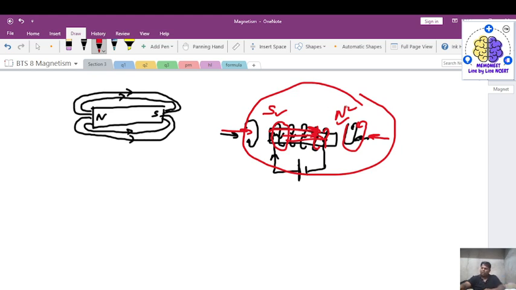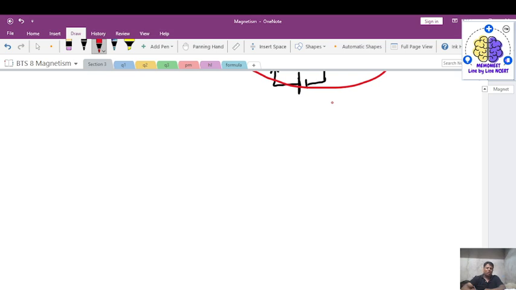Now, some analogy from your electrostatics. We had Gauss theorem there, right? What did Gauss theorem say? Gauss theorem says that the closed integral of E dot dA is equal to Q upon epsilon naught, where dA is the surface area.